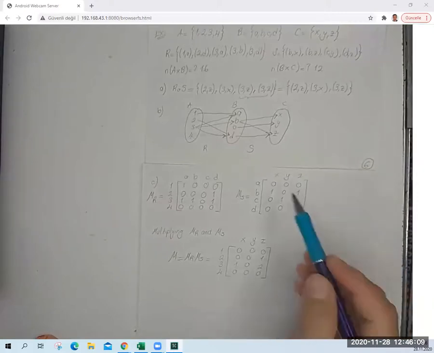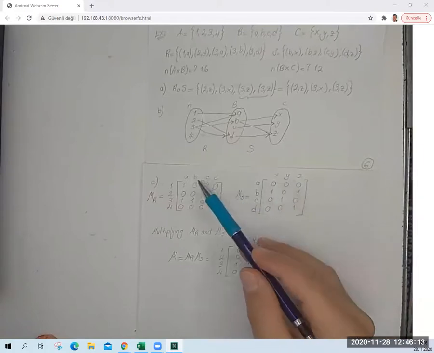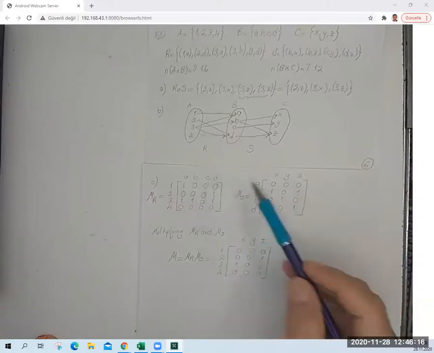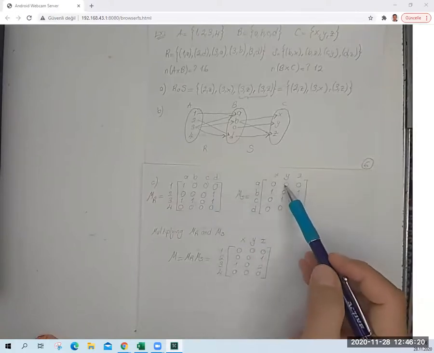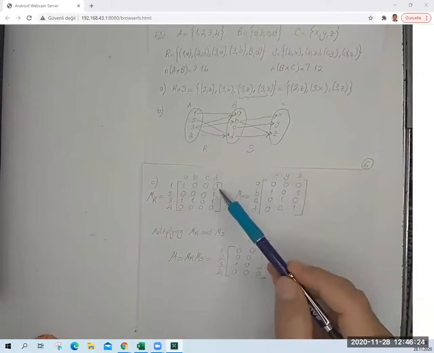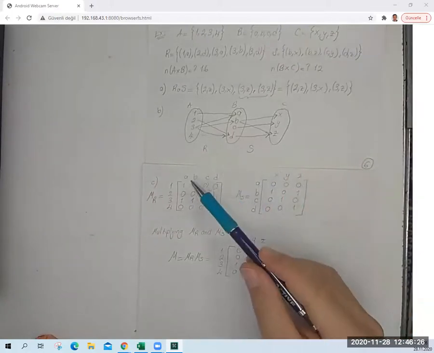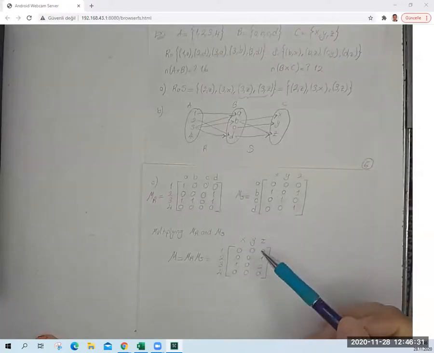So do you think that this is correct? 0 times 1, 1 times 0, 0 times 0, 0 times 0 is going to be 0. 0 times 1, 0 times 0, 1 times 0, 0 times 0, and 0. 0 times 1, 1 times 0, 0 times 0, 1 times 0.